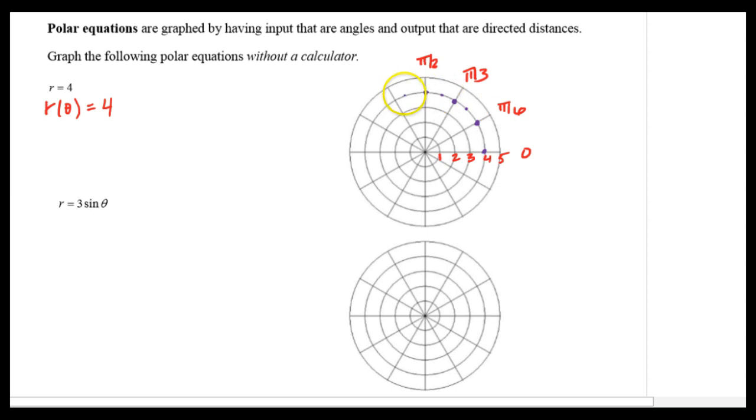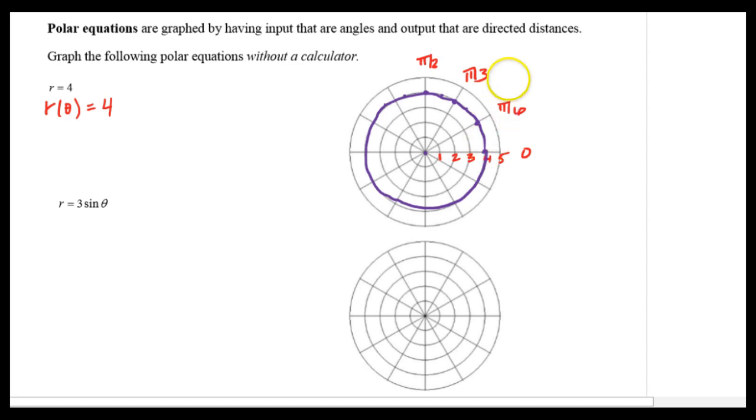So every point 4 units away from the pole is going to be part of the graph of this polar equation. So this is actually just a circle. It's going to be kind of hard for me to trace it, but the circle is the graph of this polar equation, r equals 4.